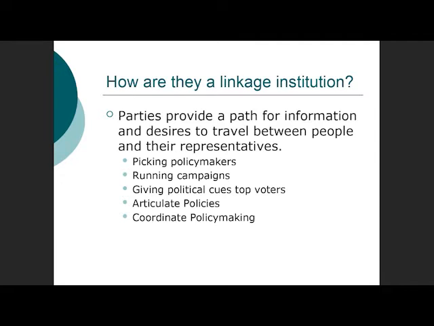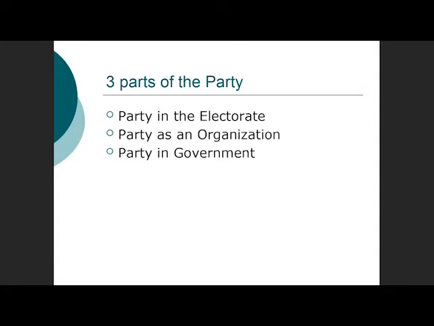Give us cues, help us understand what they're trying to do, explain processes to us, right? Coordinate between what we want and how they get things done. So the political parties are incredibly important as a representative of democracy, ensuring that what we want translates into action at the federal level. So that's where we were yesterday.